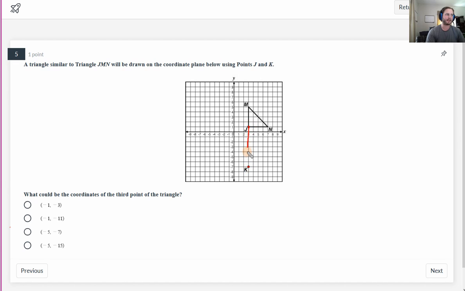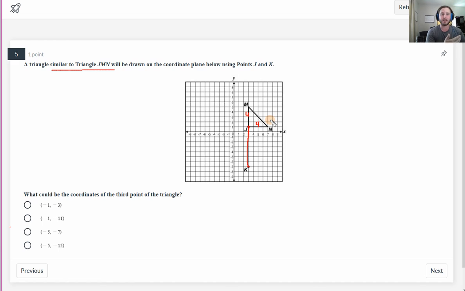So we draw that line going down because we know that's going to be a part of it. Then it asks what could be the coordinates of a third point of the triangle. We're looking for something similar to this triangle, which is 1, 2, 3, 4, 1, 2, 3, so this is a 4 by 4 right triangle. The base and height are both 4.